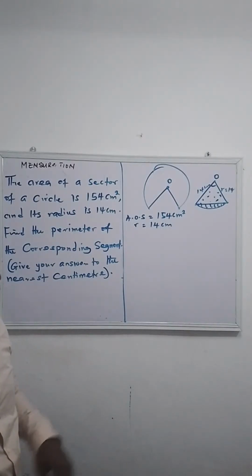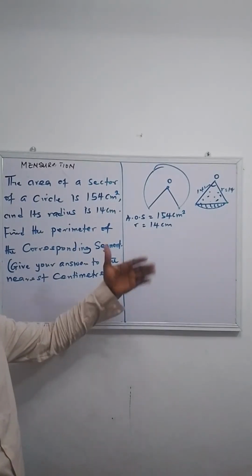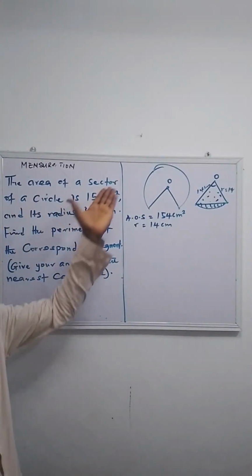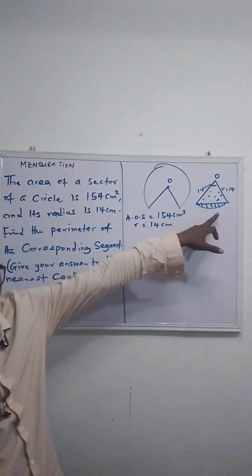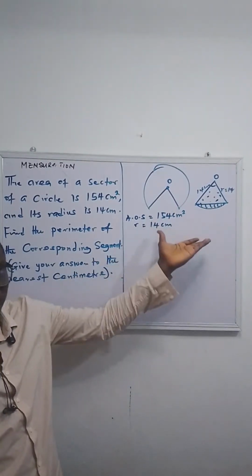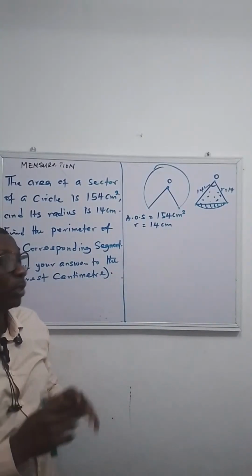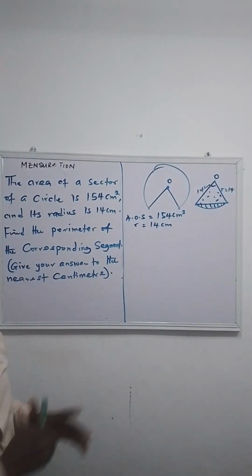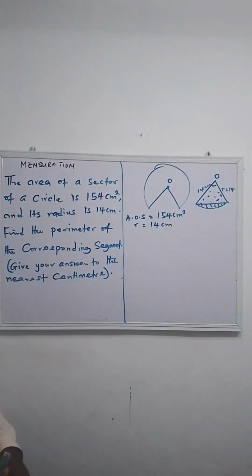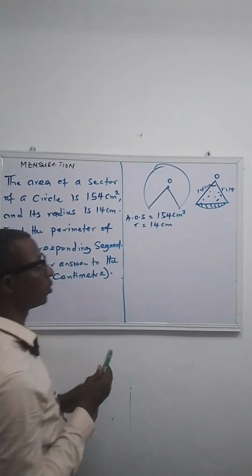So you may be given information based on the area of the sector, and you'll be asked to find the perimeter of a segment, just like what we have in this question. So just pay attention to the question. Now I need to know the formula for finding the area of a sector, so that's what I'm going to write out now.